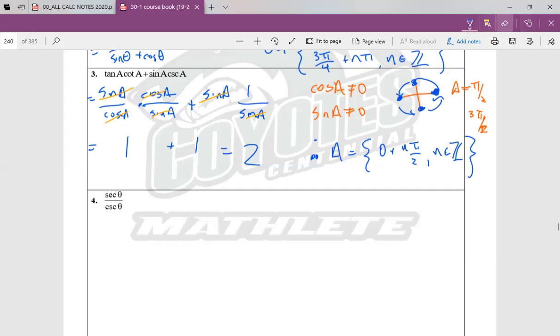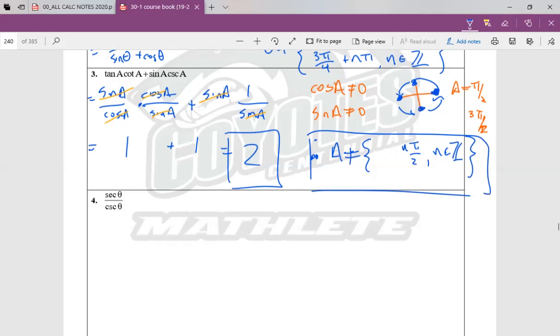We can even tidy that up a little bit more in that we technically don't even need the 0 because it's nothing. So it's just n pi over 2. A cannot equal n pi over 2, where n is an integer. So this is part of your answer, and this is the other part of your answer altogether.